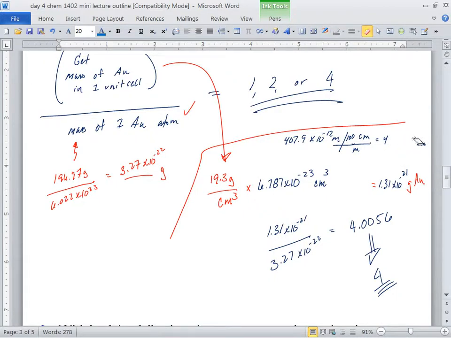If you do it on your calculator, what's that, 10 to the negative 8? I was lazy, I just added exponents. So you should get 10 to the negative 8 here. Cube it, and you'll get this.